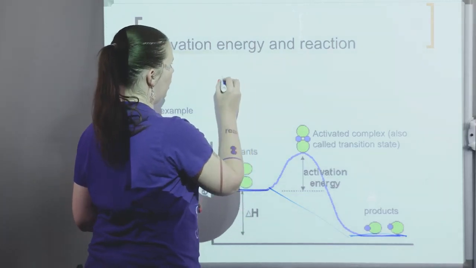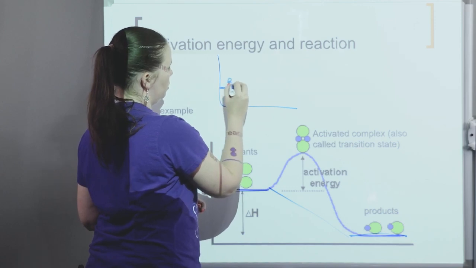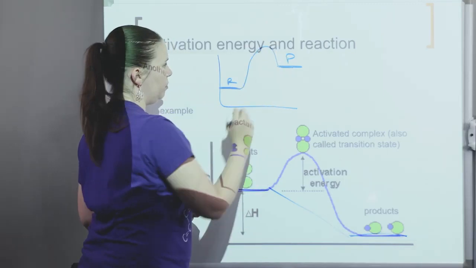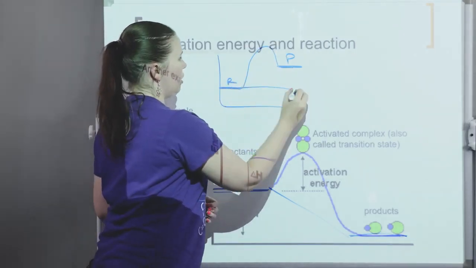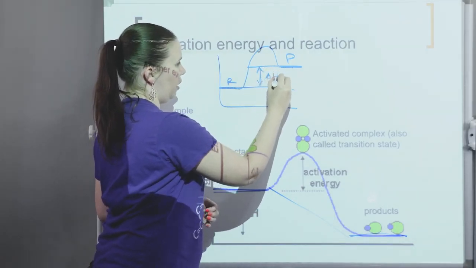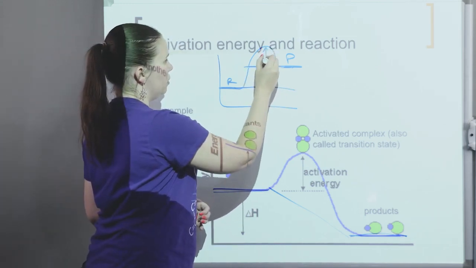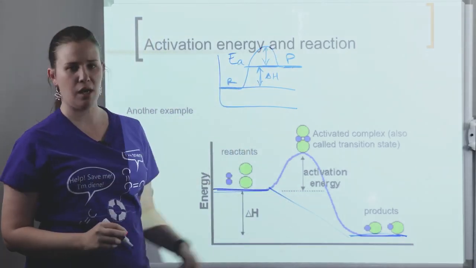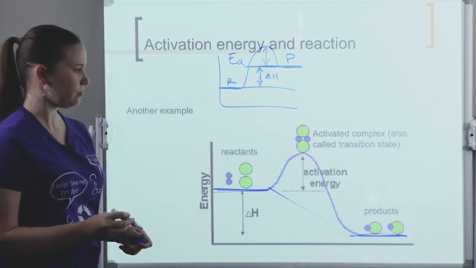Whereas if the energy of the reactants was lower than that of the products, we would still have a bump, and it would be endothermic. So the net change between the product and reactant is always the enthalpy. And then from wherever that leaves off to the top of your bump is your activation energy, which is abbreviated capital E with a subscript of a lowercase a.